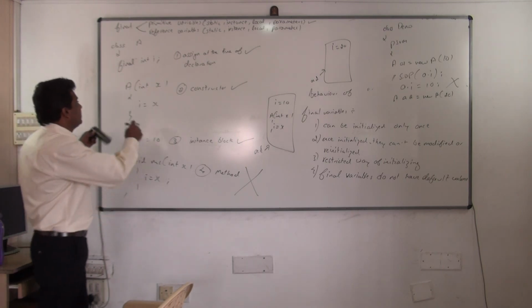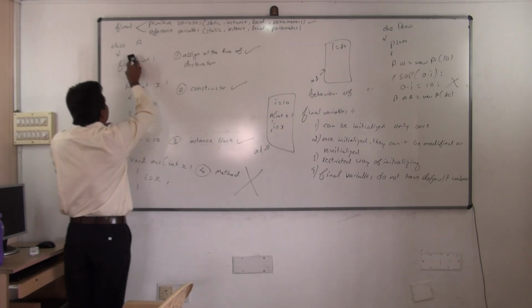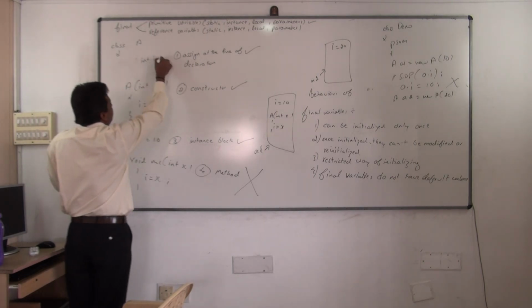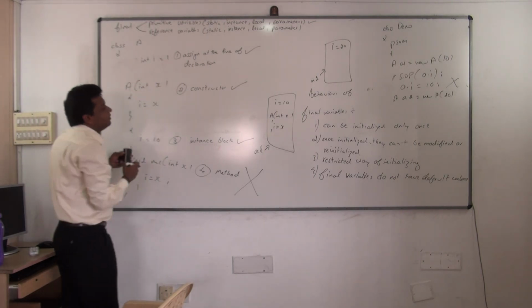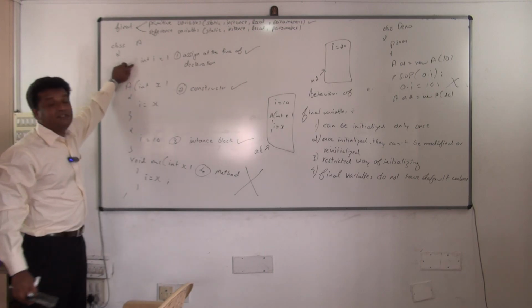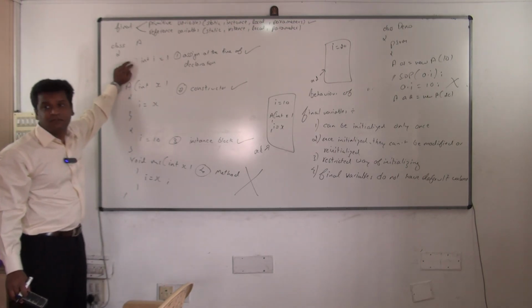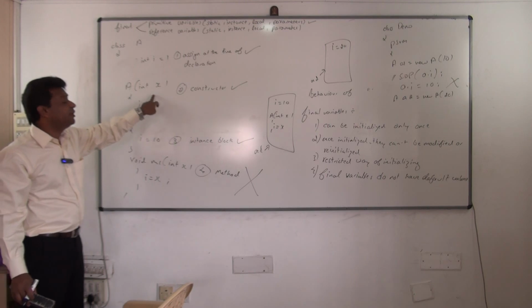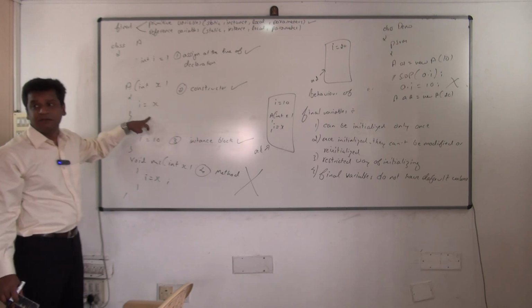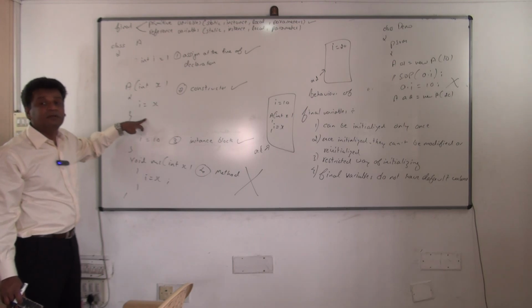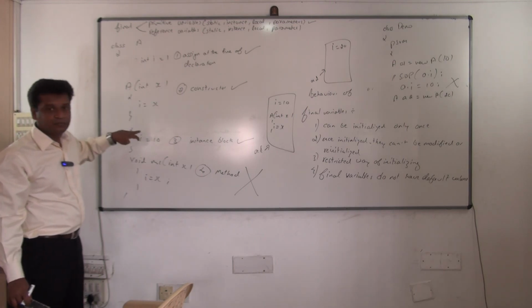See, supposing I initialize it here. See what the flow will be now. We'll go with the instance variable first, is equal to 1. When the object of A is created, first I is declared and initialized to 1 this time. Then when the constructor gets executed, it will be overwritten with 10. So here overwriting will happen, but that case will not be happening for a final variable.